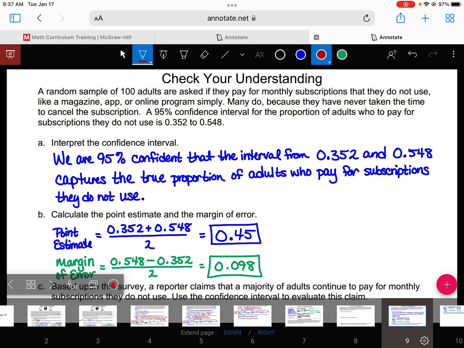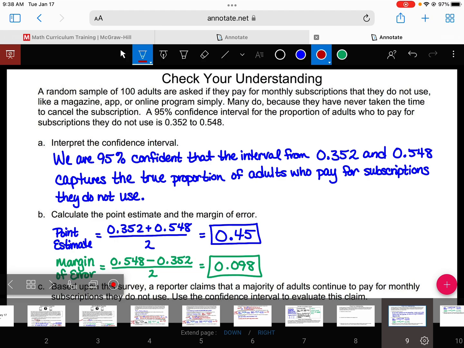More than 50%. Do we have sufficient evidence in our confidence interval to state that more than 50% of adults have subscriptions that they do not use? Do we have numbers over 50% in our interval? Do we have numbers under 50% in our interval?